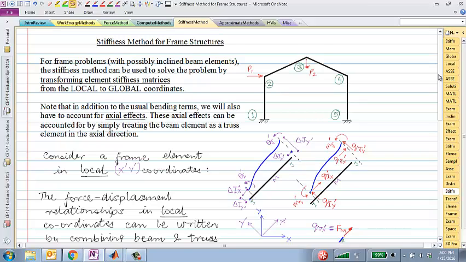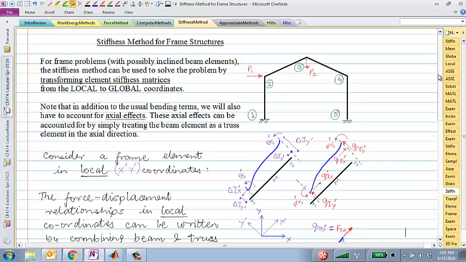So really the only difference between beam problems and frame problems is, when does a structure actually become a frame rather than a beam? Right. So if you have deformations that can potentially have bending, shear, axial, all of these things combined, and the orientation of the structure is not all in one direction, right?